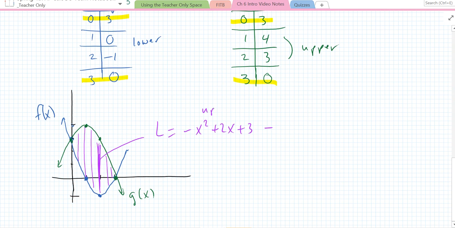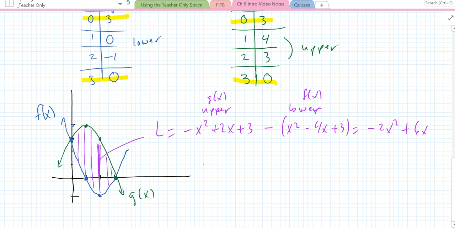So this is upper, which is g of x. This is lower, which is f of x. And f of x is x squared minus 4x plus 3, so the difference equals -2x squared plus 6x. So I have to integrate that.